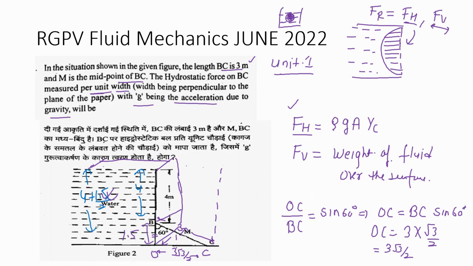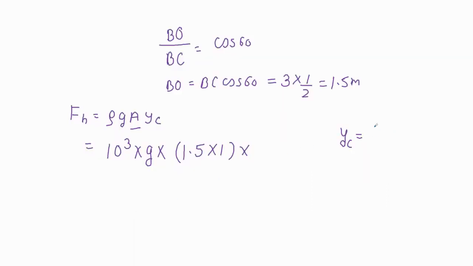Now 1.5 by 2 is 0.75. So it comes out to be 4.75 meter. Okay. Now we put here 4.75 meter. We calculate the value of FH. It comes out to be, just wait, let me solve it.